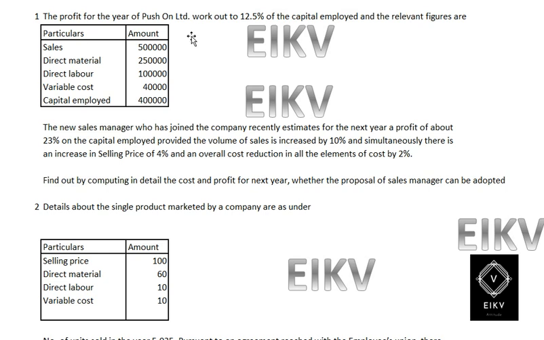The company needs a return of 12.5% of capital employed every year, and some details are given. Sales of rupees 5 lakh, direct material 2,50,000, direct labor 1 lakh, variable cost 40,000, capital employed is 4 lakh.